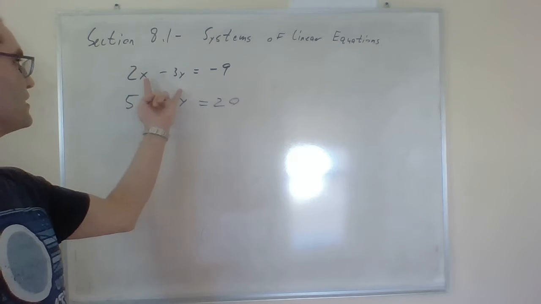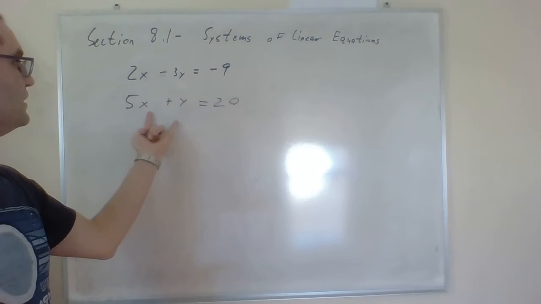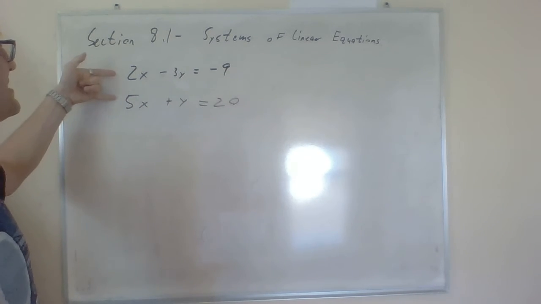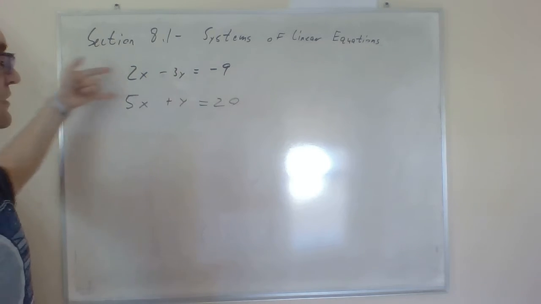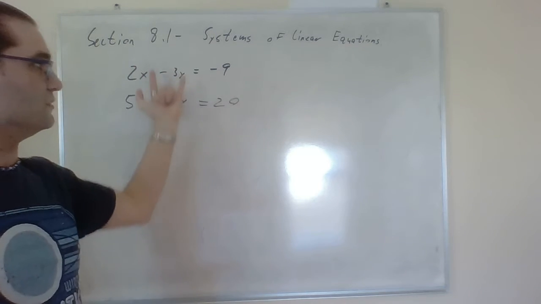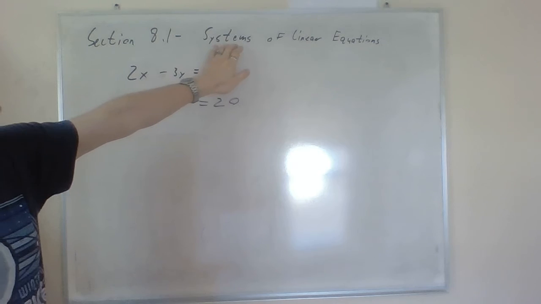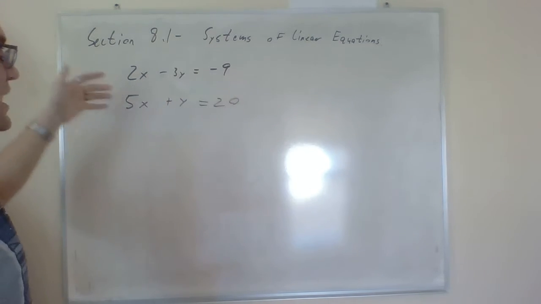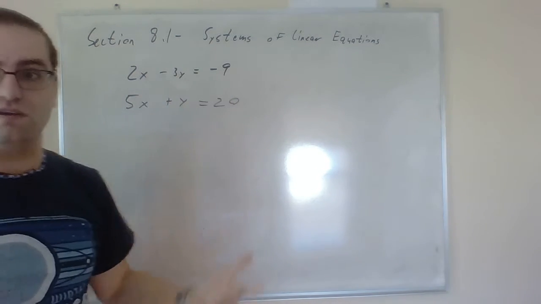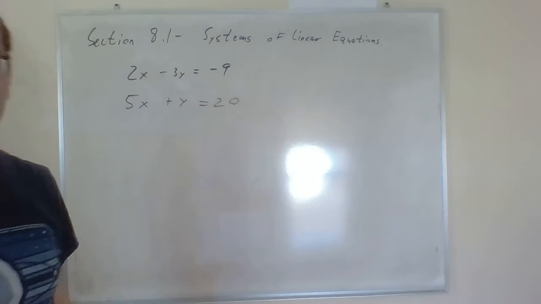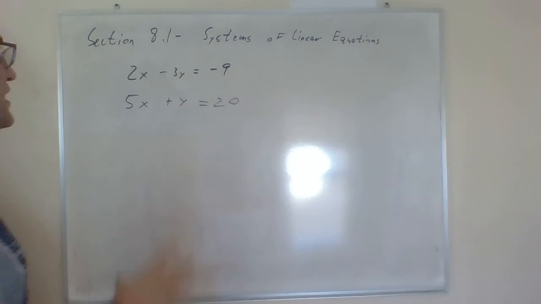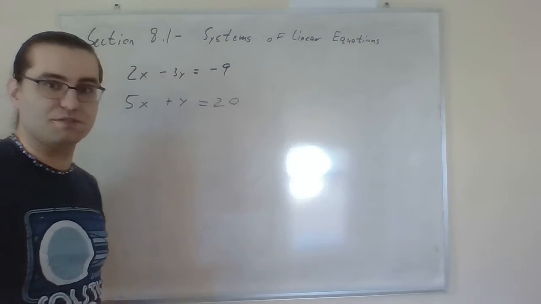Now I still have two variables here, but now I have two pieces of information about my two variables, and this is a system of linear equations, and this is something that I can solve. I can figure out exactly what y and x are in this system of equations.